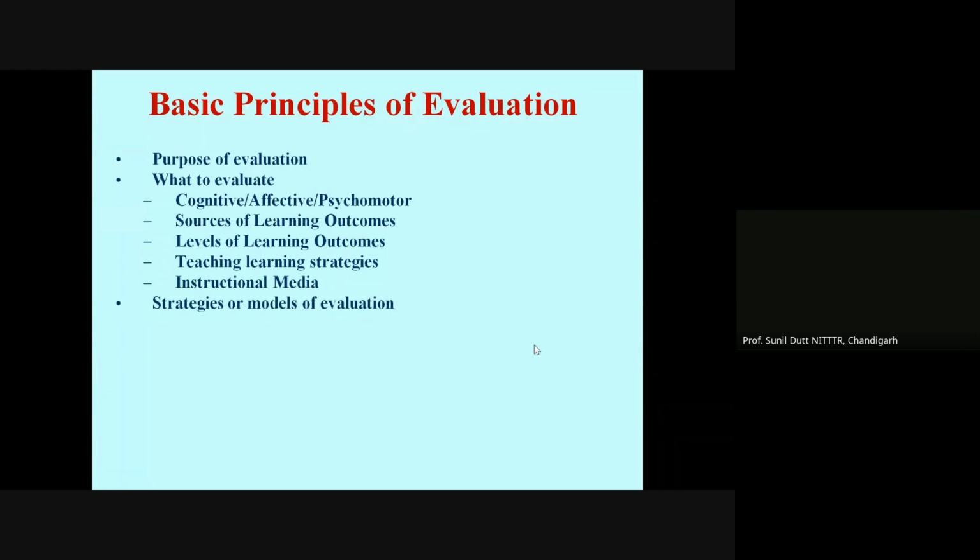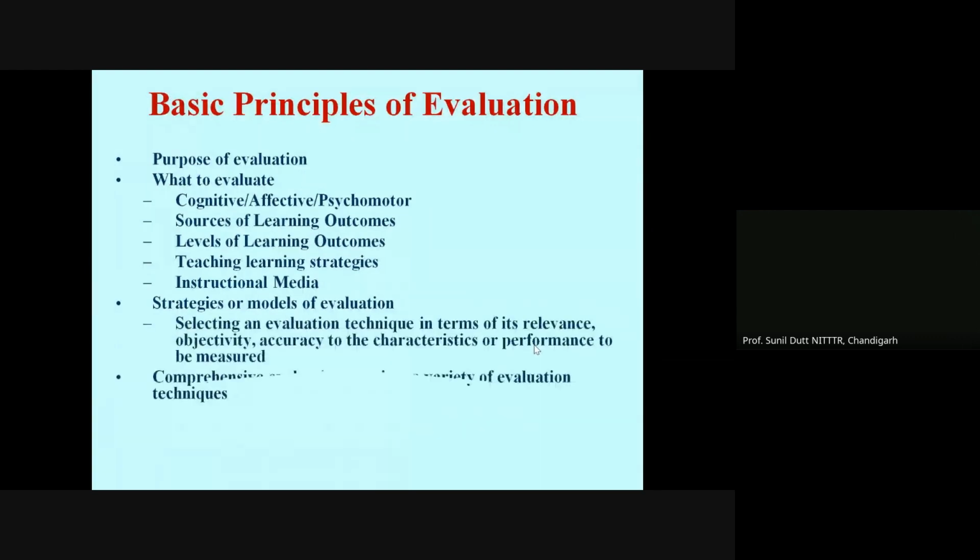Then strategies or models of evaluation. Is one particular technique the most effective method for measuring learning? You have to see, you have to ensure. Then comes comprehensive evaluation, which requires a variety of evaluation techniques.